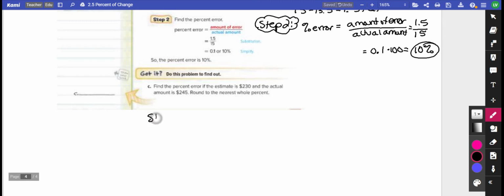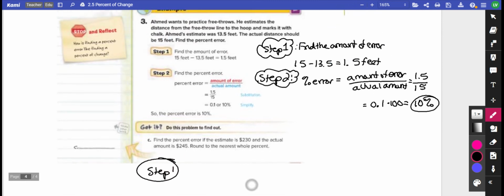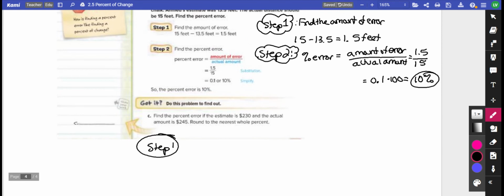Well, step 1 is to find the amount of error. So I'm going to take the actual amount, which is 245, and subtract the estimate of 230. That gives me 15.